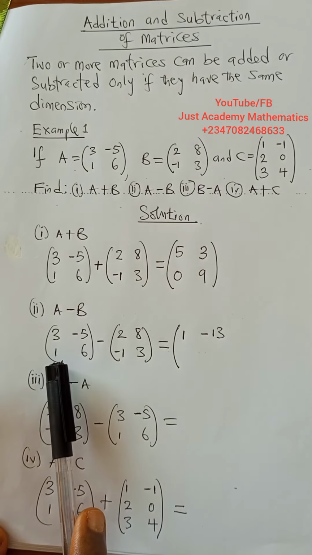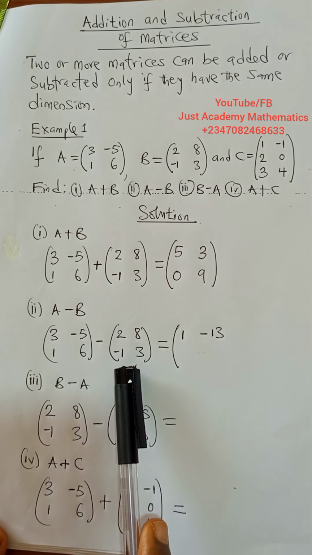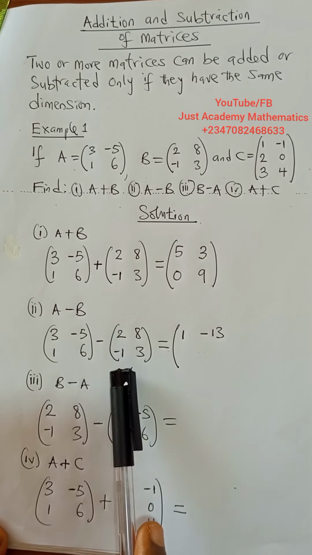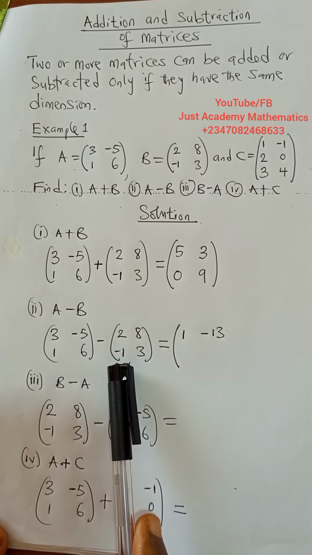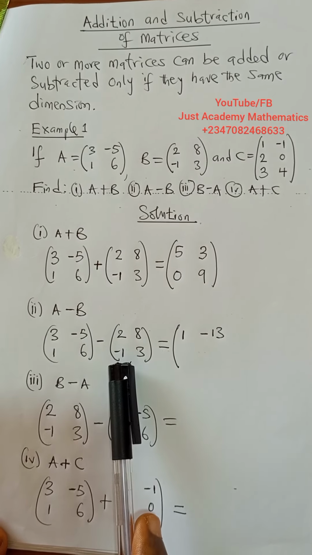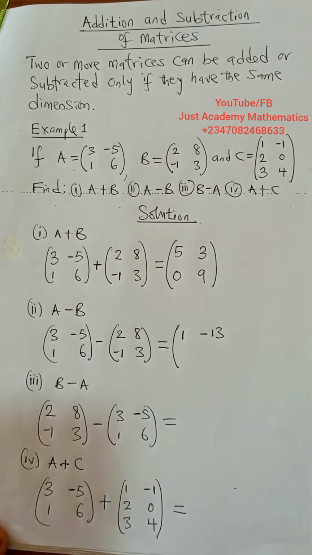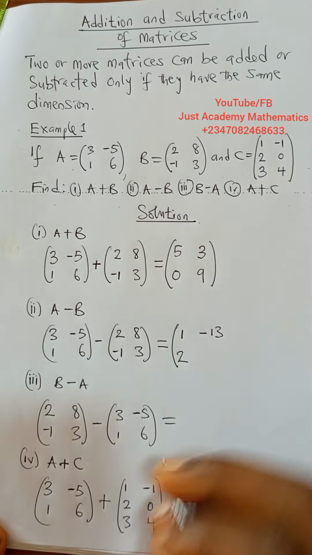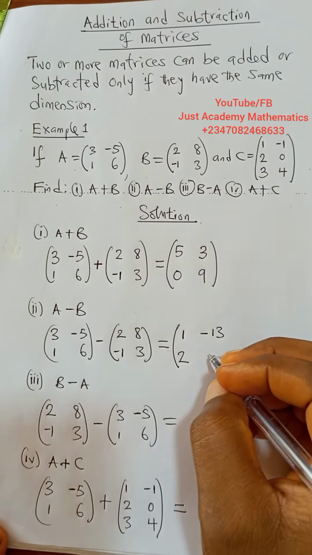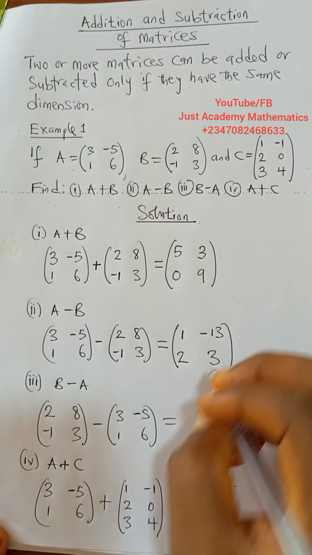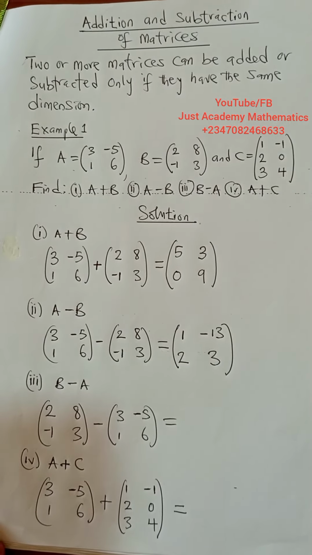Then we have 1 minus minus 1. Minus times minus is plus. So it's like saying 1 plus 1. 1 plus 1 will give you what? 2. And then 6 minus 3 will give us what? 3. So this is the answer for A minus B.